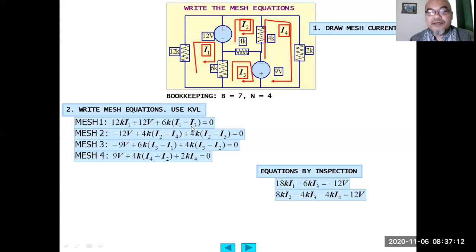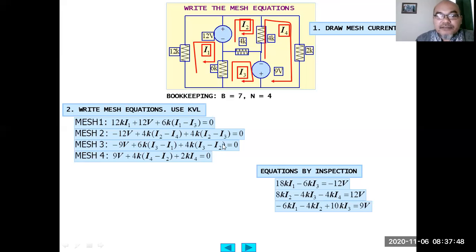Then the second equation becomes 8k I2, which comes from here, 4k I2 plus 4k I2, 8k I2 minus 4k I3 from here, minus 4k I4 here, equals 12 volt. So this negative 12 volt moves to the right hand side of the equation. Then the third equation similarly: the contribution to I1 is from here, negative 6k I1.